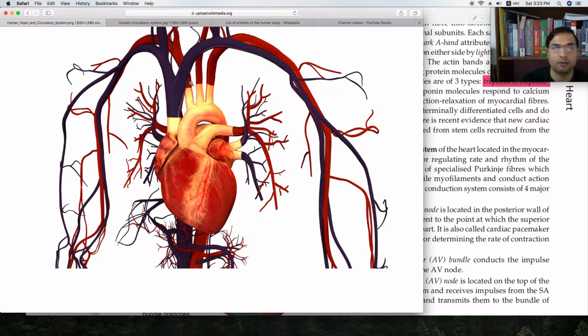This is left because this is the apex, and the apex is towards the left of the body. Anyway, we always consider this portion as left. Then this is the superior vena cava, which is bringing the blood from the upper portion of the body into the heart, and this is the inferior vena cava, from the lower portion of the body. It is bringing the deoxygenated blood into the heart, right?